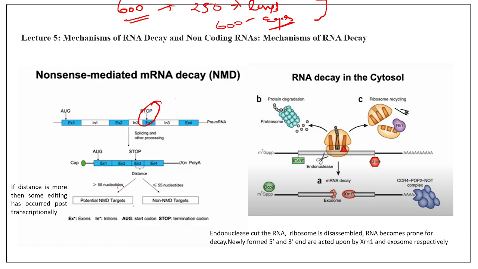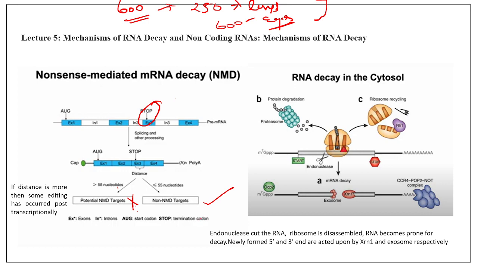It has occurred post transcriptionally, and therefore it has to be decayed. Whereas if the distance is less than 55 nucleotides, this stop codon was present before transcription. That means it is regulating some differential gene expression, therefore it is not marked for nonsense mediated decay.